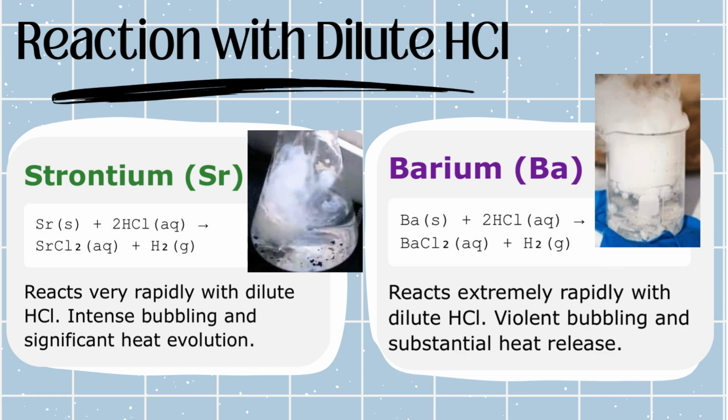On the other hand, we have barium. Barium plus 2 hydrochloric acid will lead us to barium chloride plus hydrogen gas. Barium reacts extremely rapidly with dilute hydrochloric acid. And as we observe in the image, there is violent bubbling and substantial heat released.